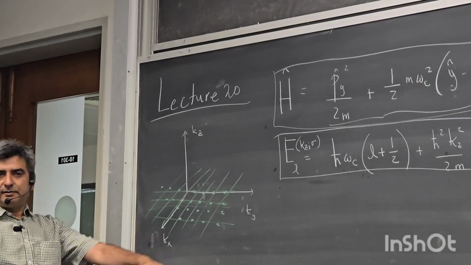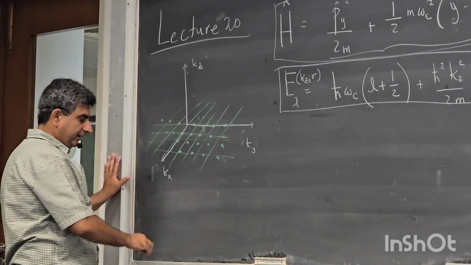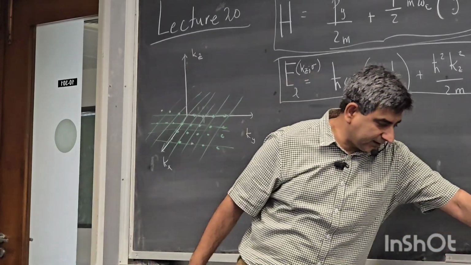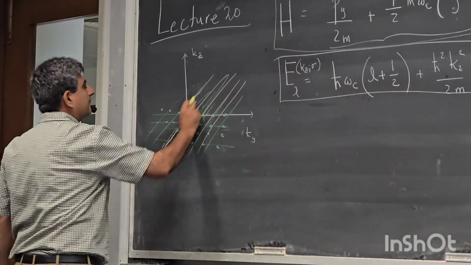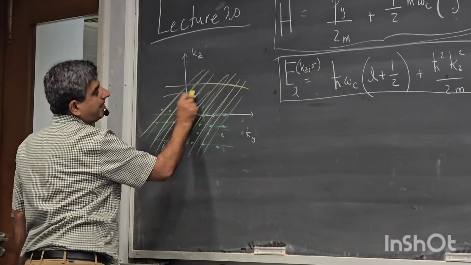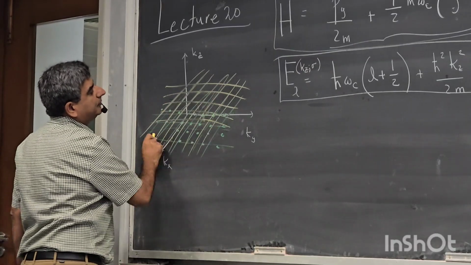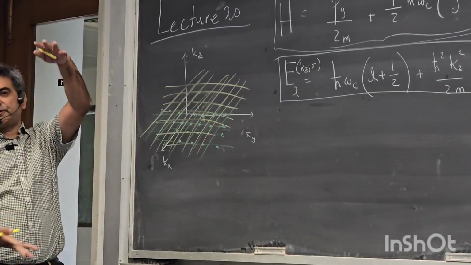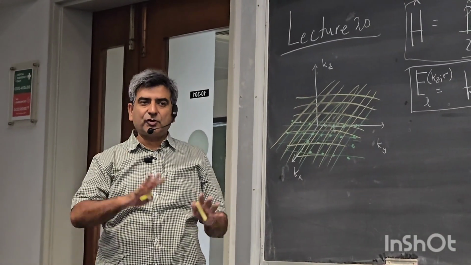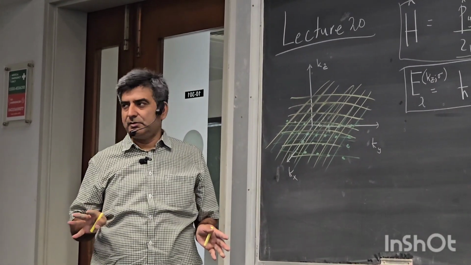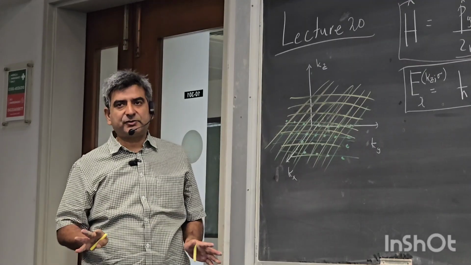So you have a net at a certain value of Kz, then you have another net, so you have this three-dimensional structure of equidistantly spaced K points, correct? So this is all that we know, but this is in the absence of a magnetic field.